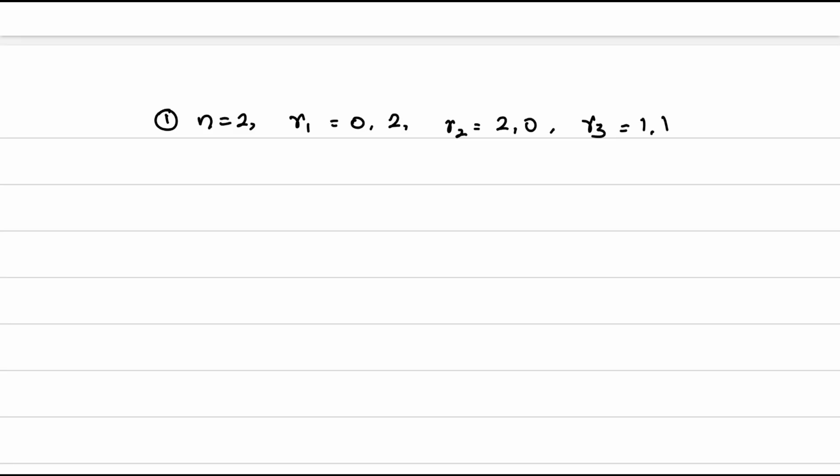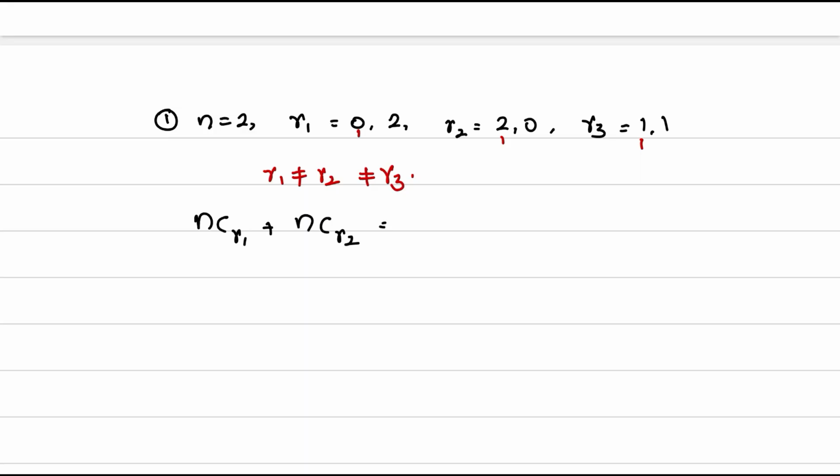In the previous example, we put a condition that R1 is not equal to R2 is not equal to R3. In the first combination R1 is 0, R2 is 2, and R3 is 1, so R1 is not equal to R2 is not equal to R3. This condition is fulfilled.